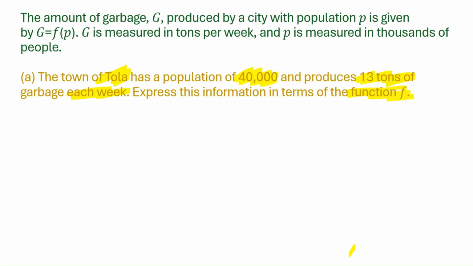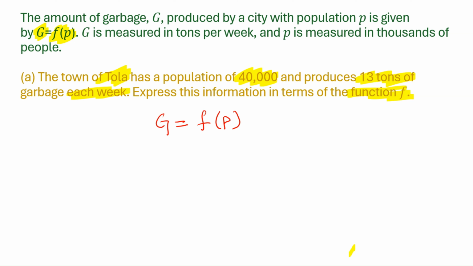We know f of p, that is a function of population, is equal to g, that is the garbage produced in tons per week. So in order to write our function for the town of Tola, let's first look at these variables, that g is equal to f of p.